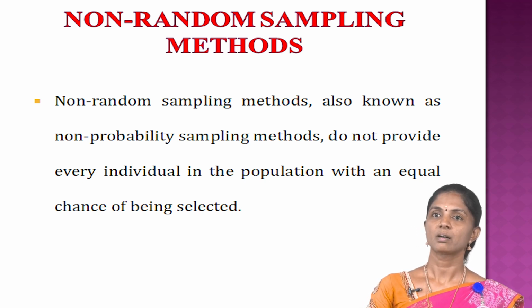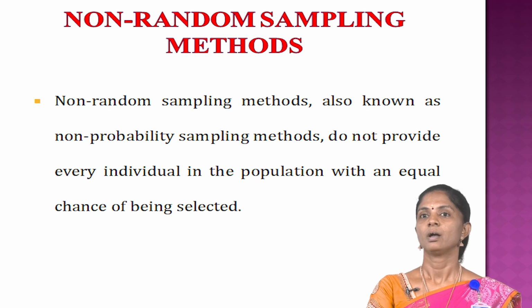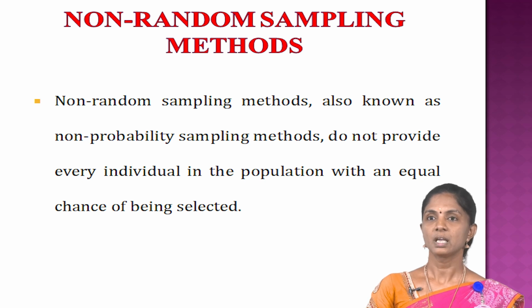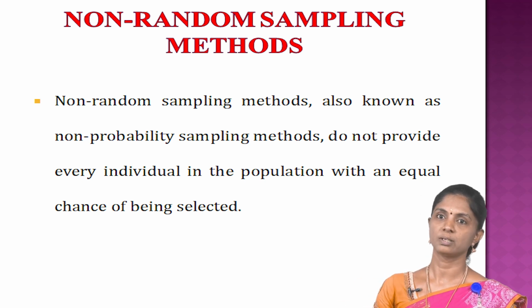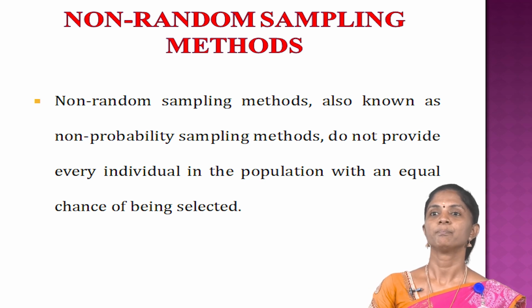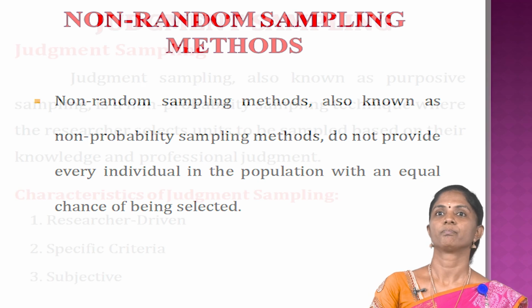These methods are often used when it is impractical or impossible to conduct random sampling. Non-random sampling is useful for exploratory research, case studies, or when working with a specific population. However, it may introduce bias and limit the generalizability of the findings.